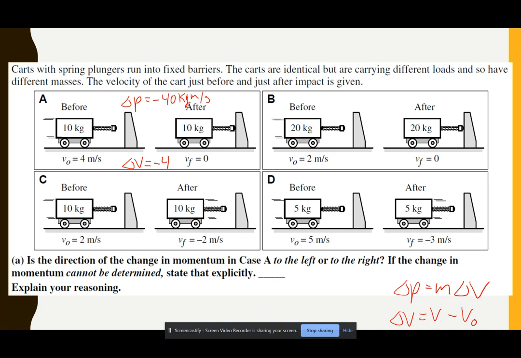So is it to the left or to the right? Negative means left, so the answer is left. Which makes sense, because if it's moving and then it stops, the force that had to impact it would be to the left.